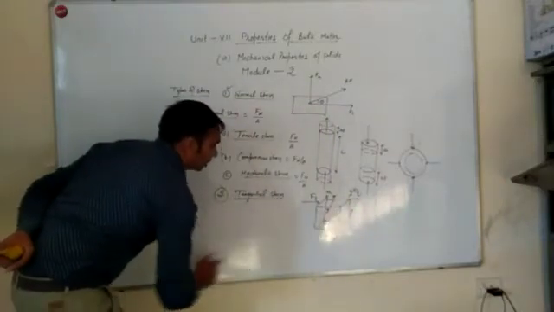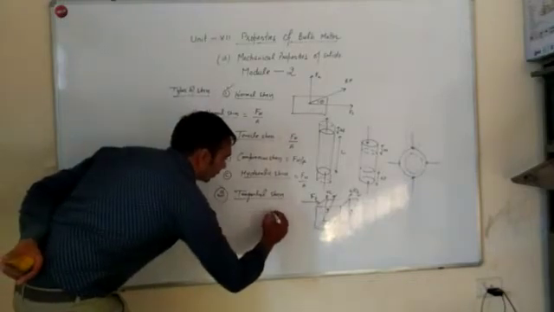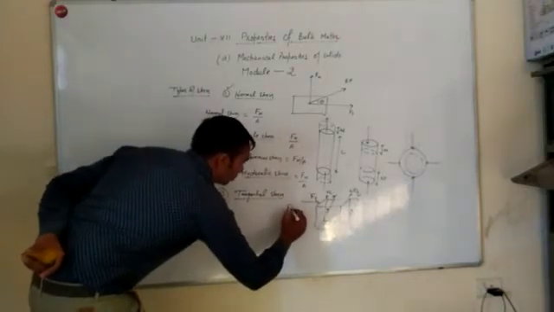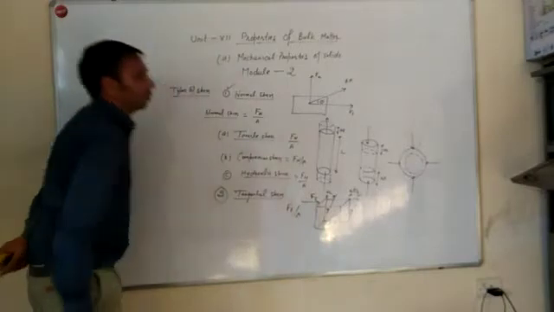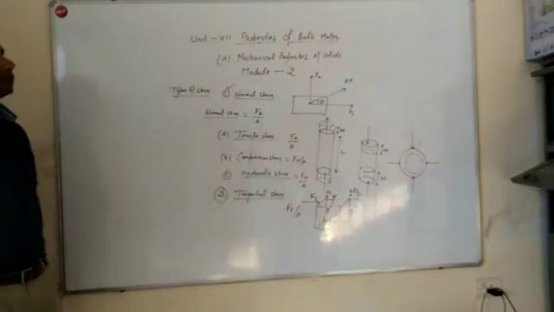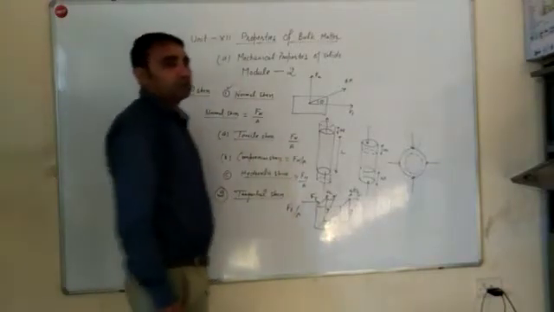Tangential stress is the tangential component of the restoring force divided by the area of the body. This is the second type of stress.